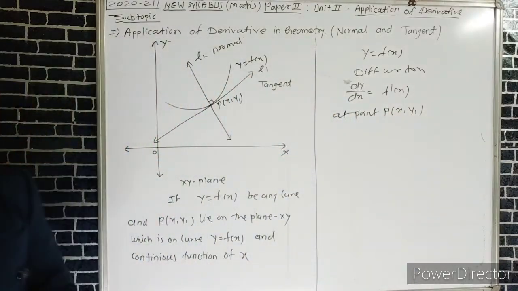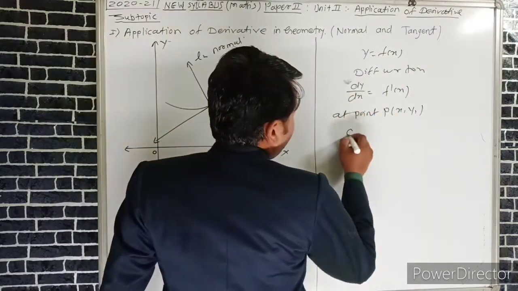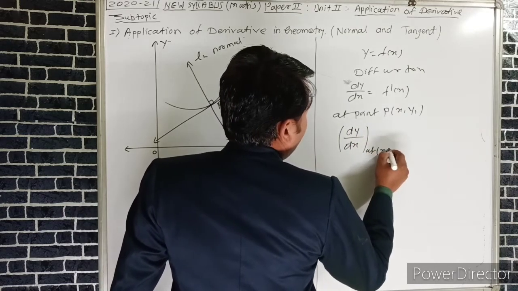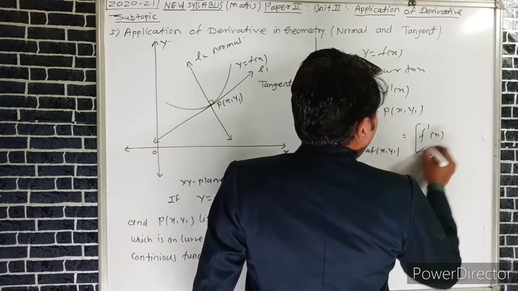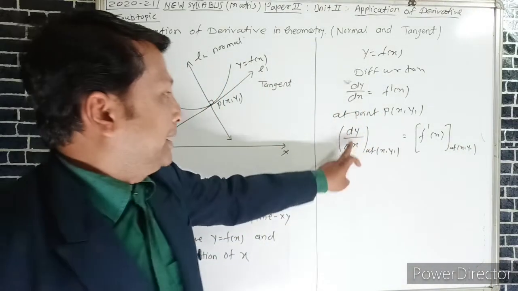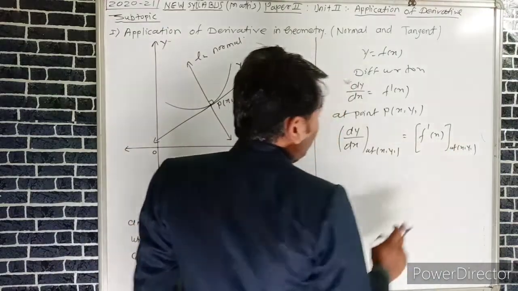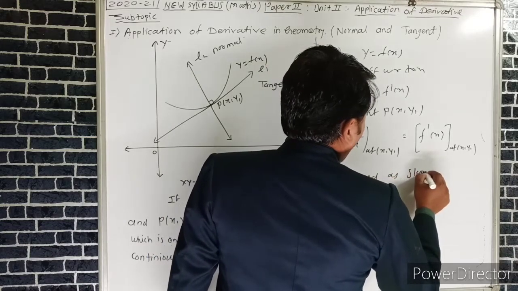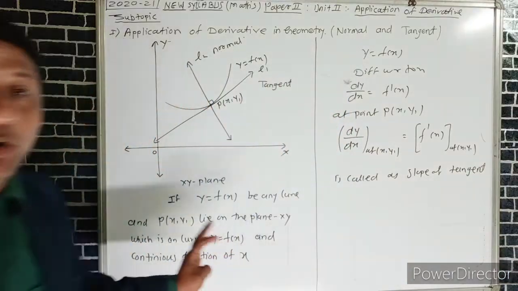If we put the values x1, y1 in dy by dx, the value of dy by dx at (x1, y1), which is a definite value, equals f dash of x at (x1, y1). This dy by dx at (x1, y1), or f dash of x at (x1, y1), is called the slope of tangent.